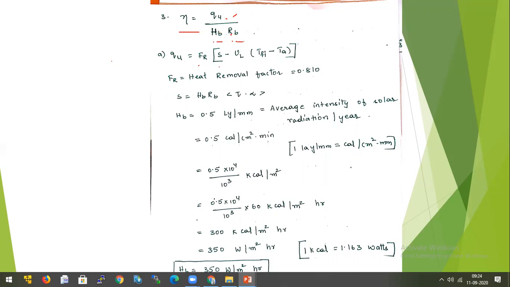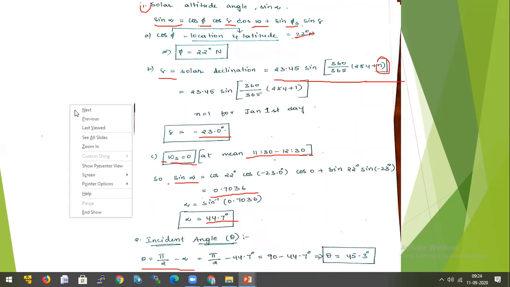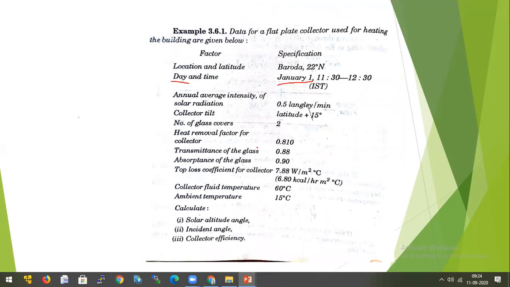For calculating QU we have to know the values of FR, S, UL, TFI, TA. FR is called the heat removal factor, 0.810, which is given in the data.